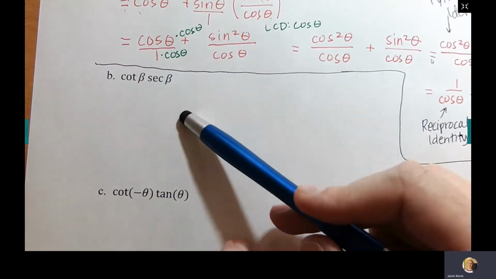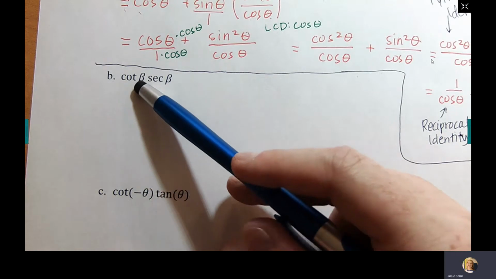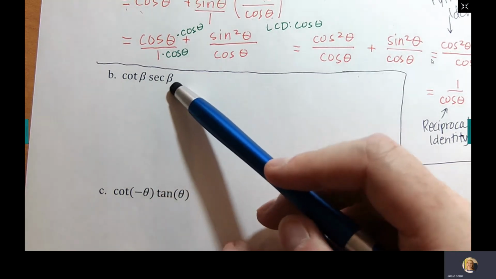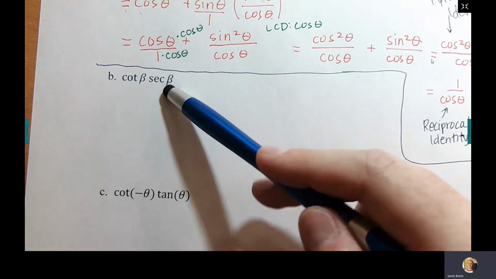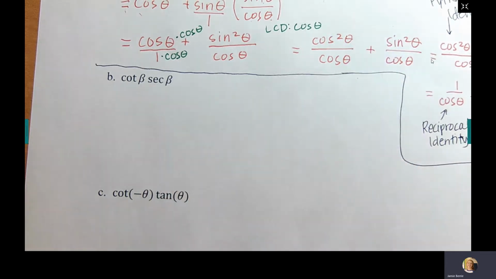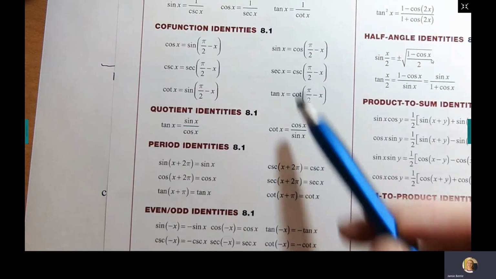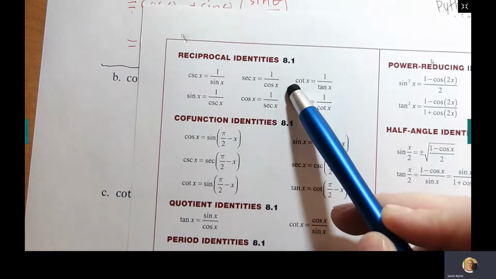All right, so let's look at this next one. We have cotangent beta times secant beta. So you just look at your two trig functions. We have cotangent and secant. You try to think, okay, how can I relate those two? We know that cotangent could be written as cosine over sine, and secant could be written as 1 over cosine. So I just used my quotient identity here, and then I also used my reciprocal identity up here at the top.